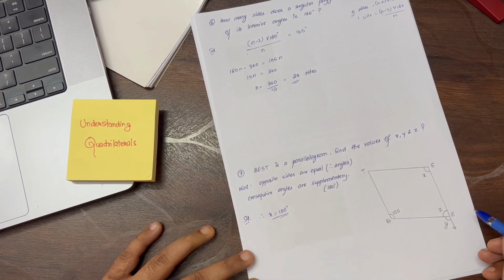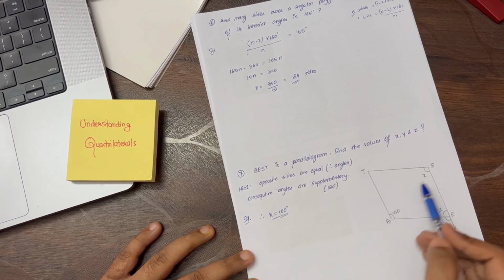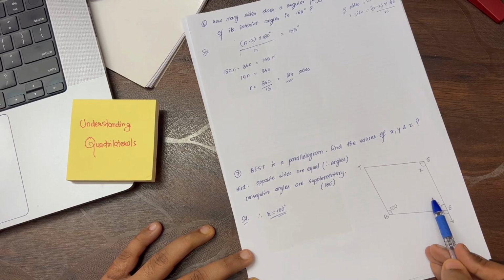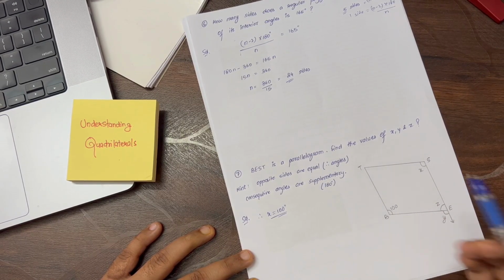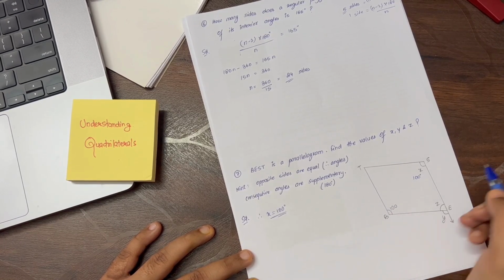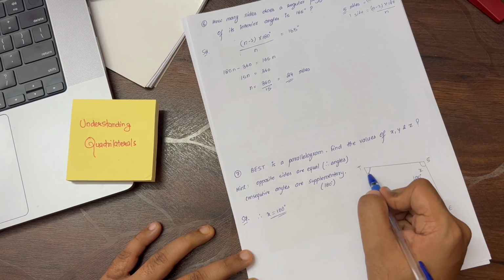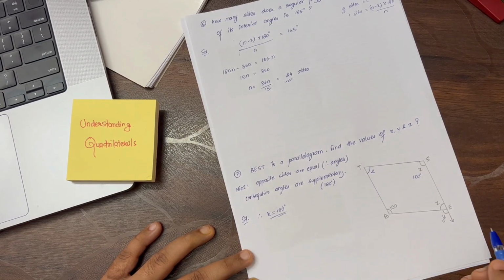Now in the same way we have to find out z and y. In a parallelogram, the sum of interior angles is 360 degrees because it is a four-sided polygon. We know that this is 100, this is 100, then we can easily find out z. This z is equal to this also because opposite angles are equal in a parallelogram.